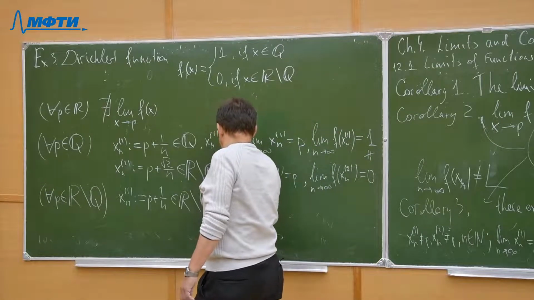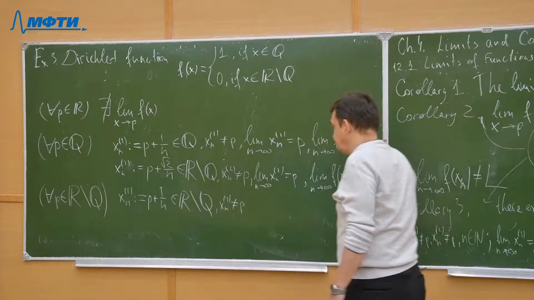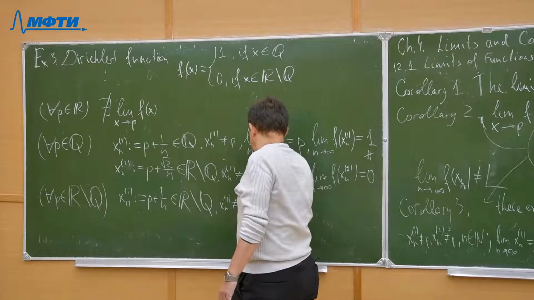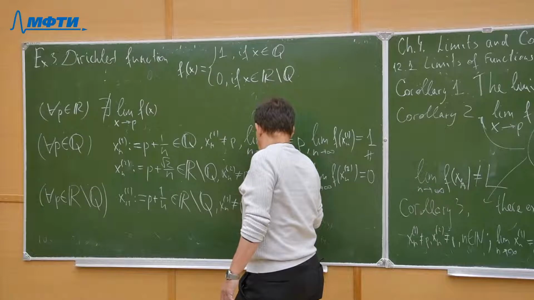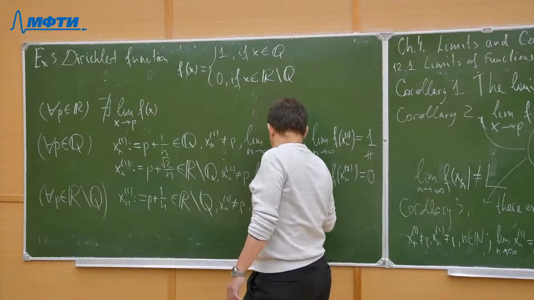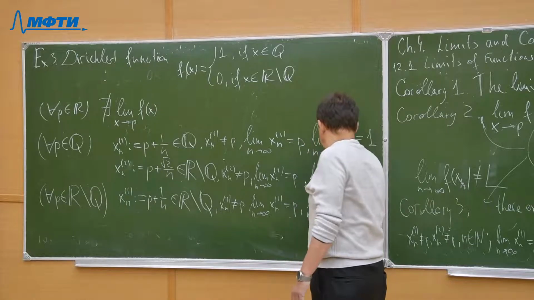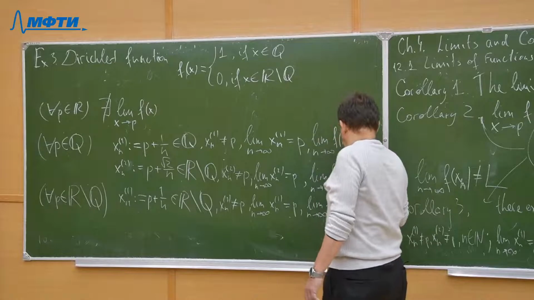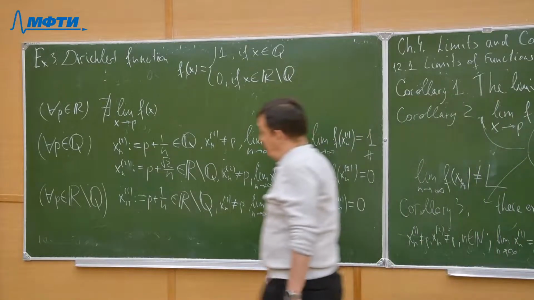Then xn1 is not equal to p. The limit as n tends to infinity of xn1 equals p, and the limit of the values equals 0 now.